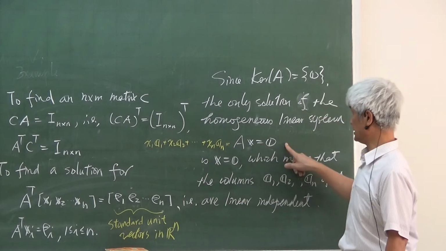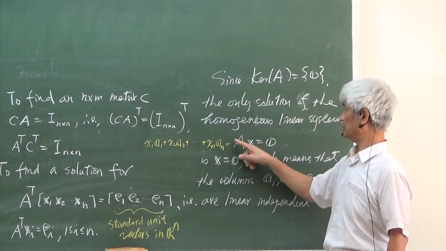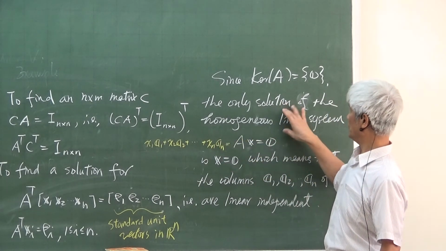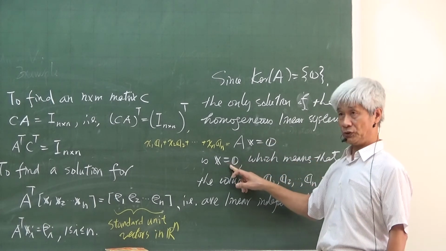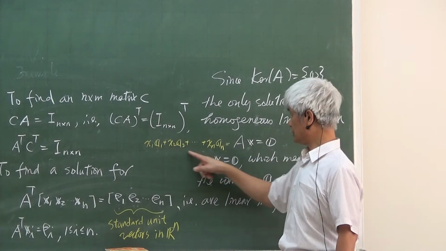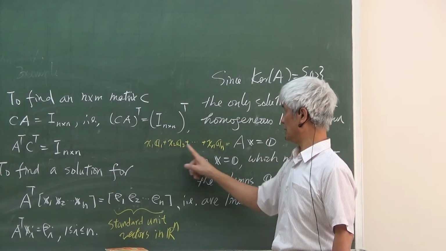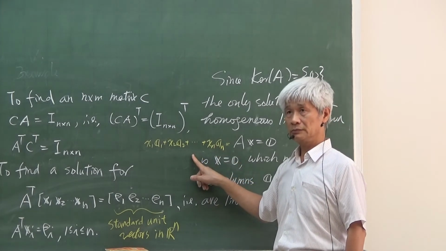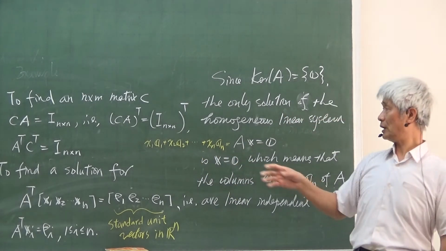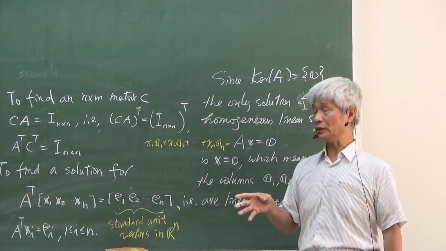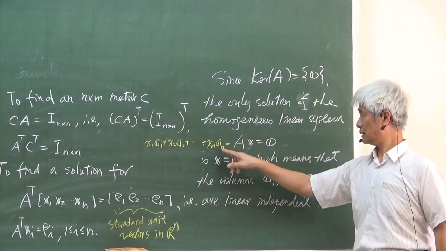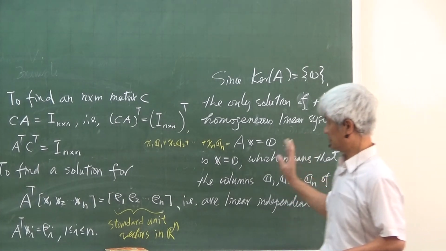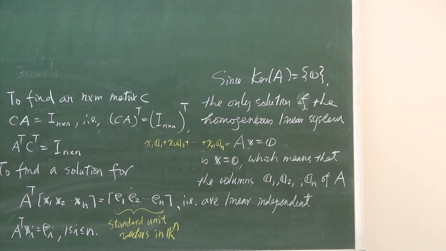This is a linear relation on the column vectors of A. Because the homogeneous linear system has only the trivial solution, the coefficients must all be zeros, so any linear relation becomes trivial. When any linear relation of the columns is trivial, that means these n columns are linearly independent. This is what we learned before.